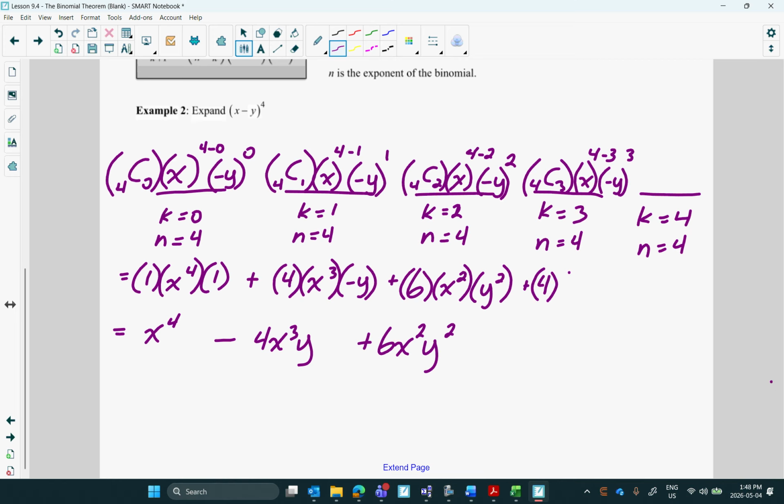This is the same as x to the first. And negative y to the third is just the same as negative y to the third. Notice we've got a plus minus, so this one actually becomes a minus 4x. I don't have to write the exponent 1, y to the third.